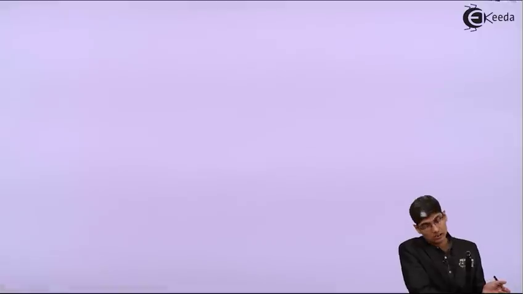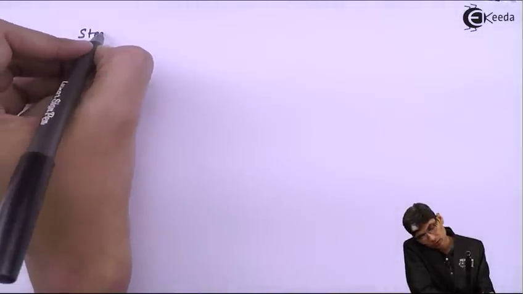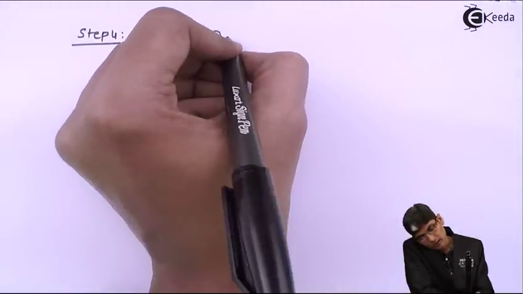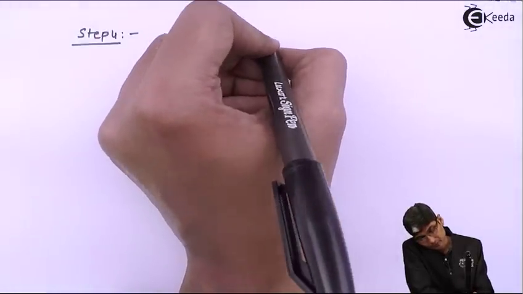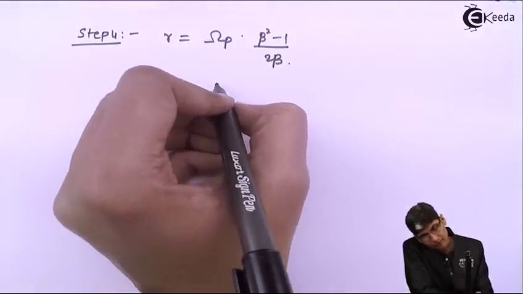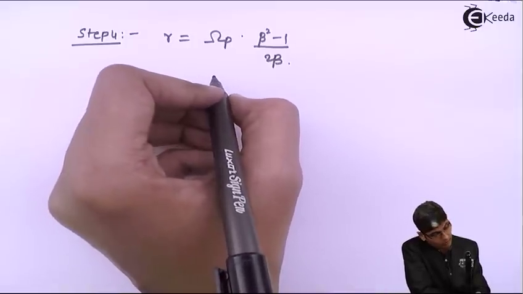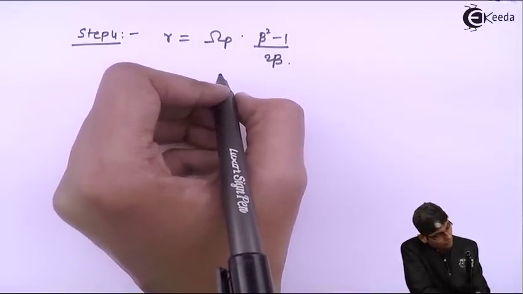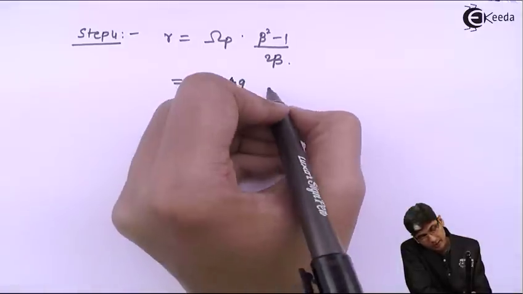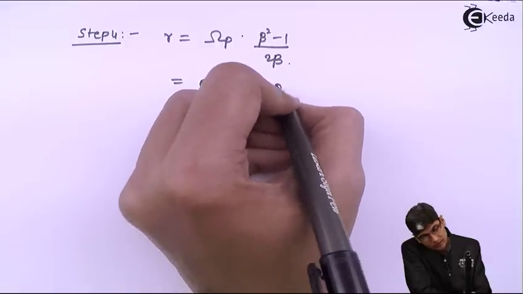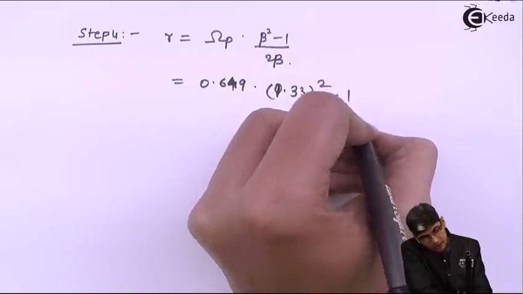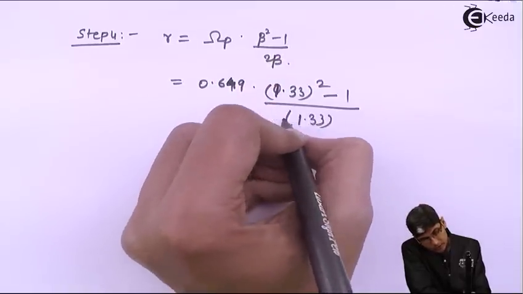Once you have found beta, now we go for the next step, step 4, to find the value of small r and capital R. Small r is omega p into beta square minus 1 divided by 2 beta. Omega p is from our previous calculations, 0.649 radians per second, into 1.33 whole square minus 1, divided by 1.33 into 2.